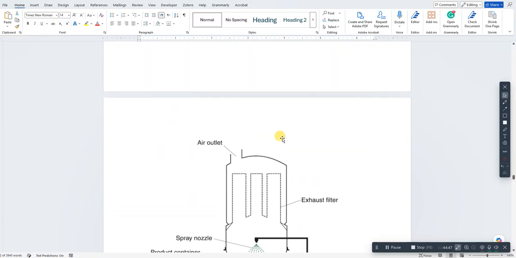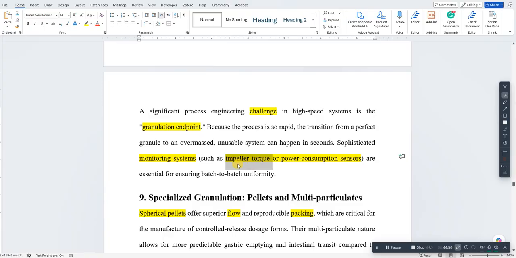So we have a sensor for impeller torque, or something to measure power consumption. How much power do I need to put in order to allow the propeller or impeller to work?